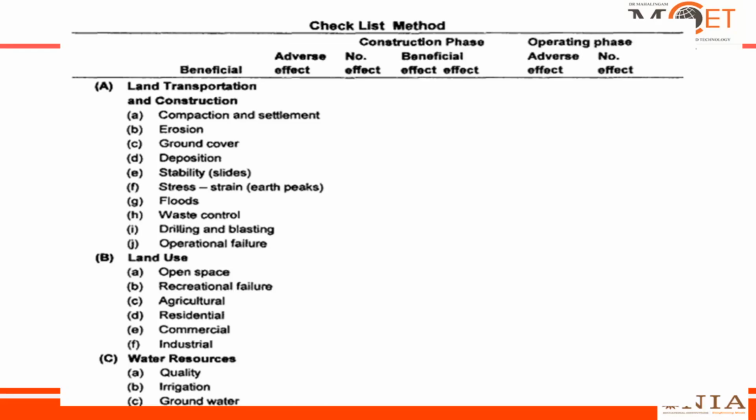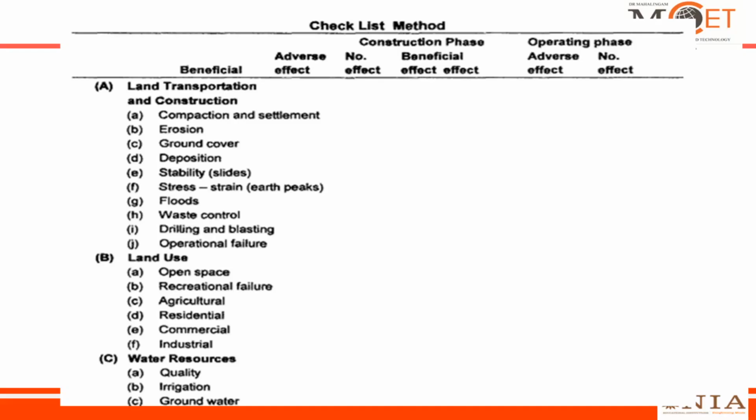For example, land transportation and construction. Here they are looking at compaction, erosion, ground cover, deposition, stability, floods, stress, strain, waste control, drilling, operation failures. These are all construction activities pertaining to that particular project.